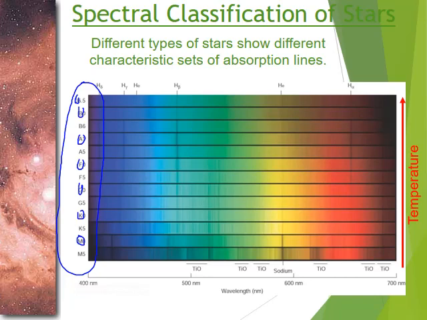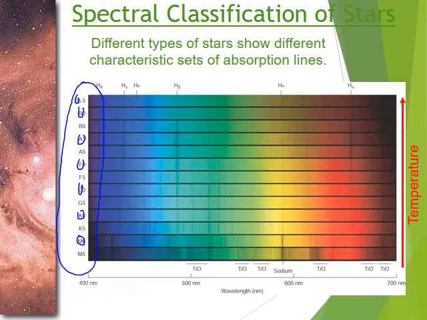And each of these temperature groupings has another breakdown of 1 to 9, I believe. So you can have a G1 star, a G2 star, a G3 star, a G4 star. Those are just finer gradations in the temperatures. But one thing you'll notice is that a lot of these stars show the same lines.